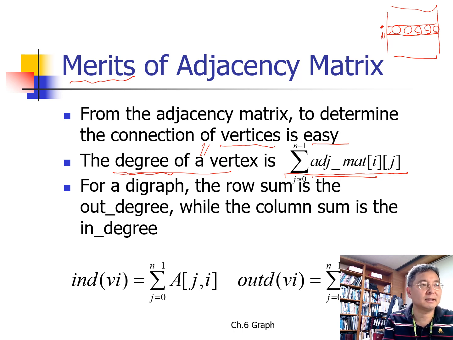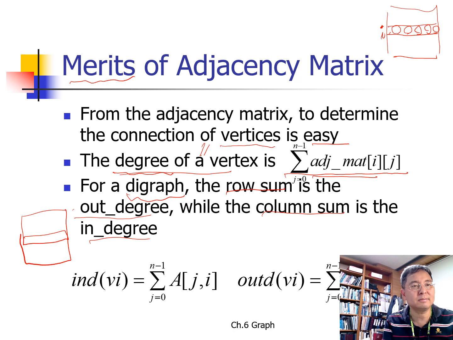This is for an undirected graph. For a directed graph, the row sum is the out degree, and the column sum is the in degree. So if this is the adjacency matrix, this is a row sum. And the column sum, what is the column sum?